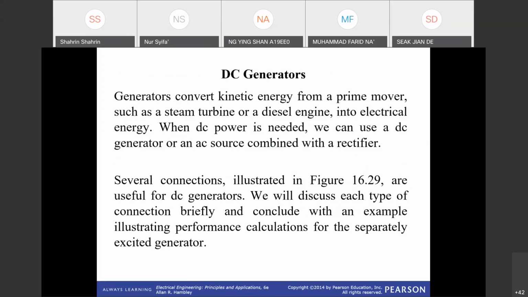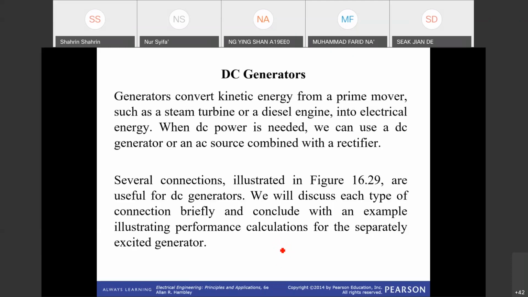Okay, and then this is the last subtopic for the DC machine, which is the DC generators. As mentioned earlier, the DC motor can also be operated as your DC generator, meaning that your mechanical power will be converted into electrical power.